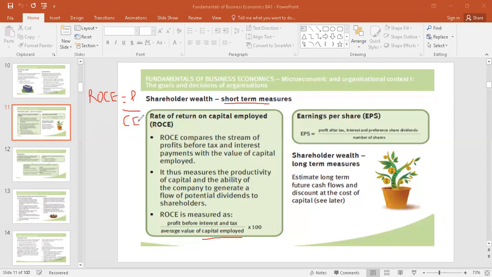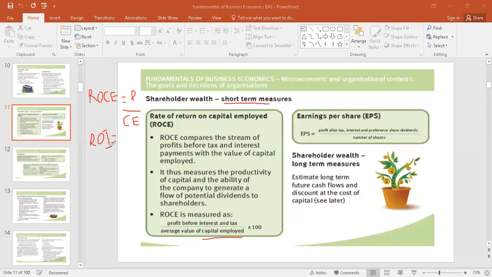In situations where we do not know the capital employed, there are other terms also used interchangeably. Technically there are differences, but right now we are not looking into that. I'm just highlighting the situations where these are taken into consideration. Capital is raised as an investment to be invested into assets.